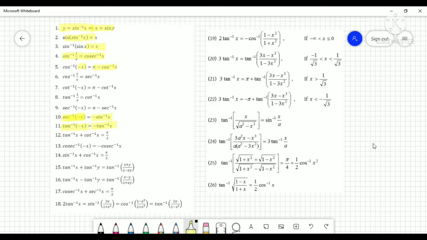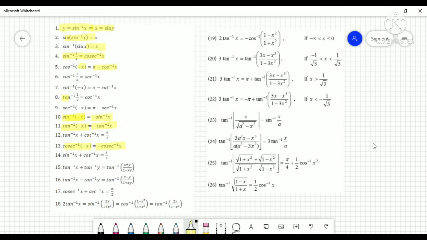And the cosecant inverse of minus x is equal to minus cosecant inverse x. For these three, the minus comes to the back side.